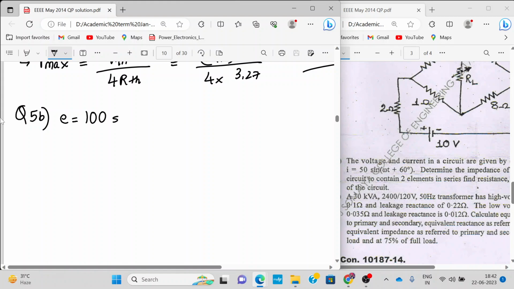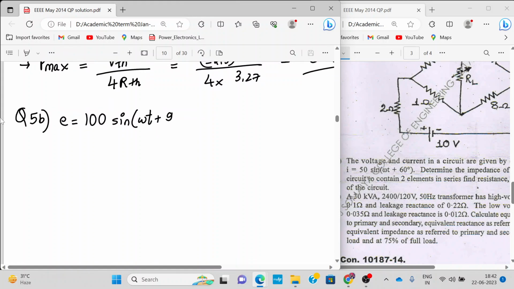E is written as a voltage over here. It's also called EMF voltage. This is 30 degree, right? Sorry, this should be 30 degree, and current is 50 sine omega t plus 60 degree.